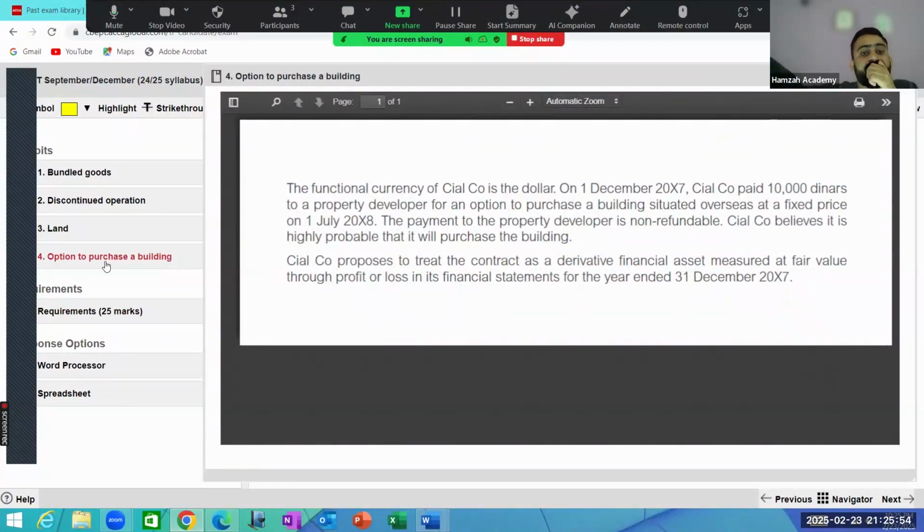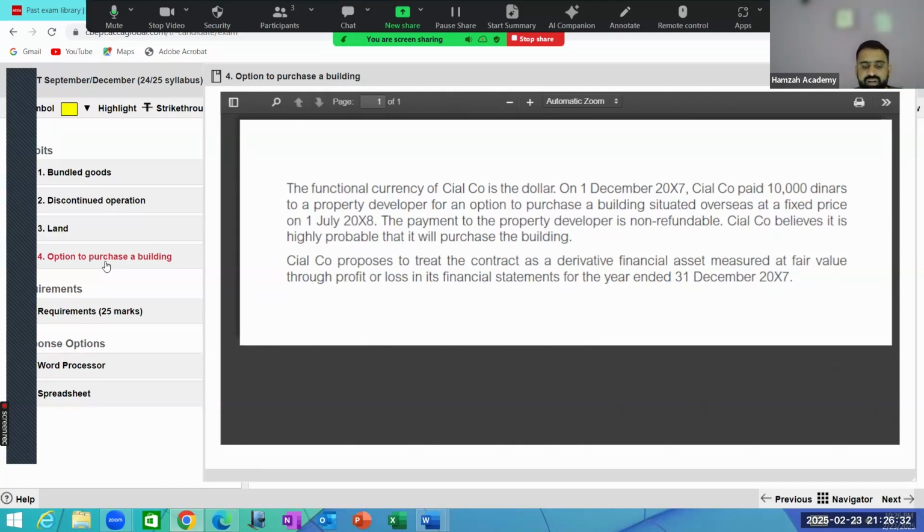Keep in mind, the functional currency is the dollar, and the amount paid is in dinar, so it is a foreign currency. So IAS 21 will also be relevant here, a little bit. The option is to purchase a building situated overseas at a fixed price on 1st July X8.